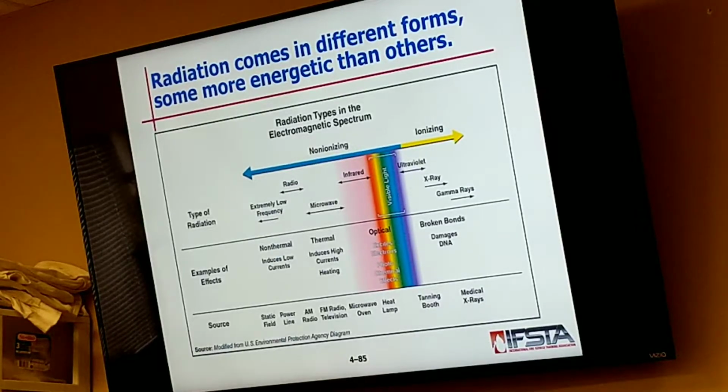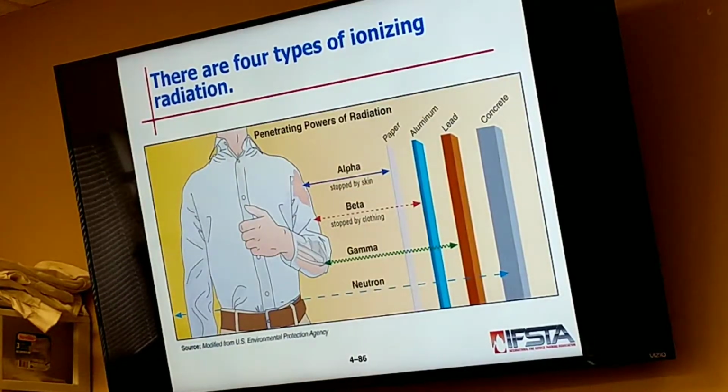Types of ionizing radiation: we've got them divided into four types. Alpha: a positively charged alpha particle emitted from a nucleus during radioactive decay, commonly emitted in radioactive decay.